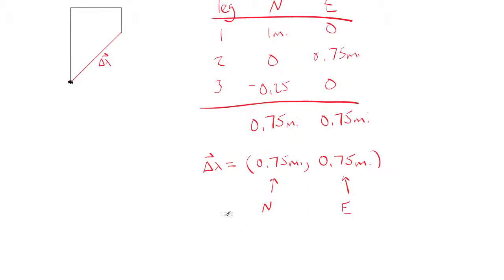Or what I really want to know is the total magnitude, the total length of this vector, and the direction of that vector. Because I haven't drawn it, I'm at liberty to pick what direction I'm after. So let's say I'm after this direction, theta.